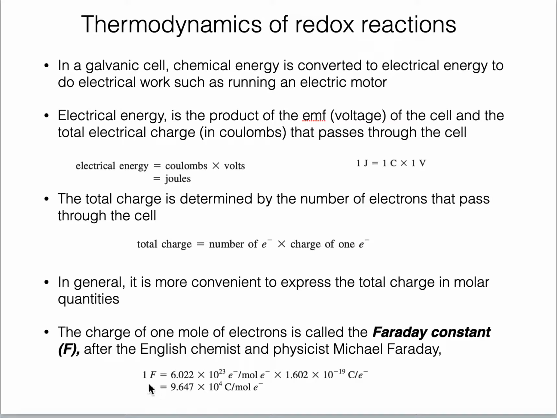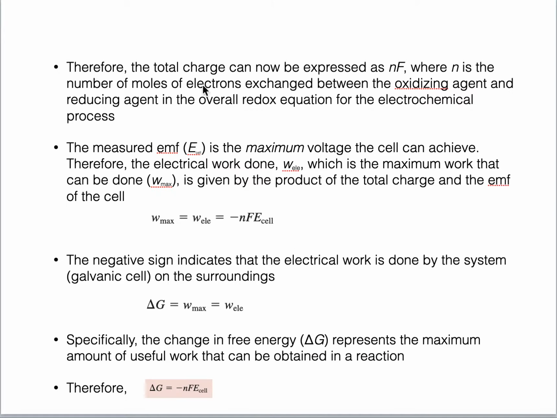So the total charge will be the number of electrons multiplied by the charge on 1 mole of electrons, given here as nF. n is the number of electrons, F is the Faraday's constant, the charge on 1 mole of electrons, where n is the number of moles of electrons exchanged between oxidizing agent and reducing agent in an electrochemical process.